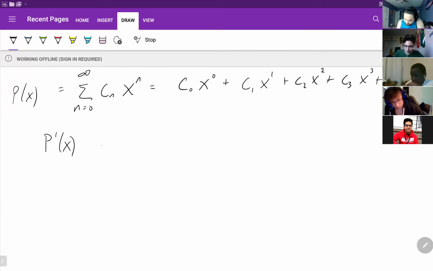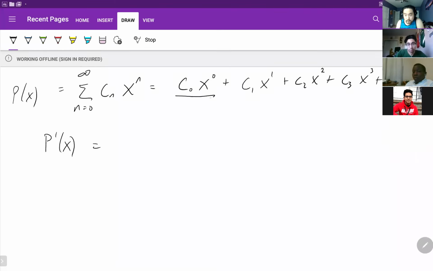The c terms are technically constants. If I plug a number into a sequence, it spits out a number. So the first term just goes away because it's a constant term.